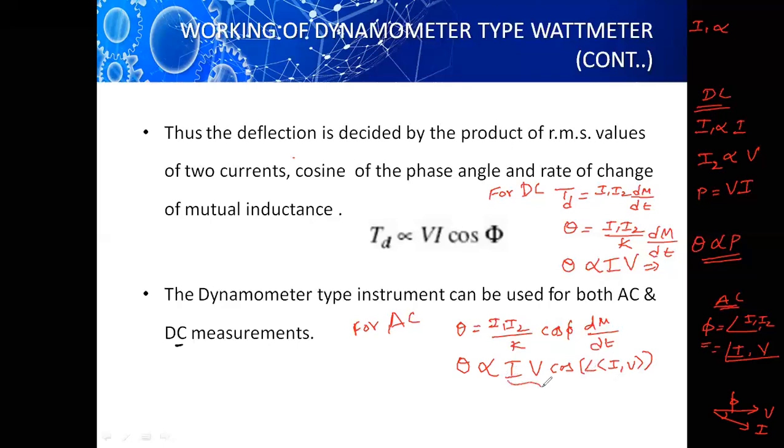The voltage into current into cos phi is nothing but power. So theta is proportional to power. For AC circuits, power is VI cos phi. Cos phi is the phase angle between V and I. Here we see the same situation. So the angle of deflection is proportional to the power for both AC as well as DC. That means the same instrument can be used for both AC and DC.